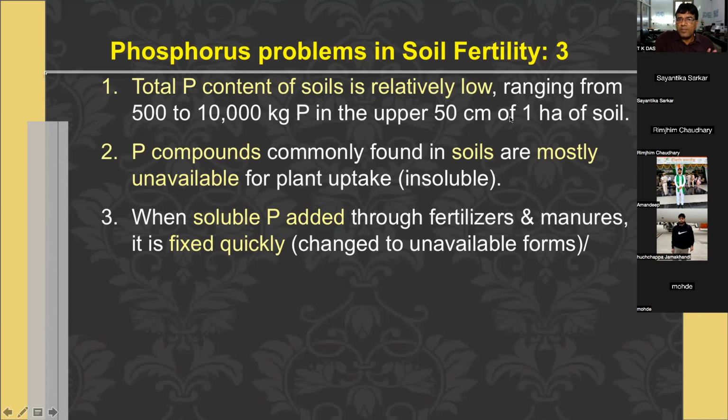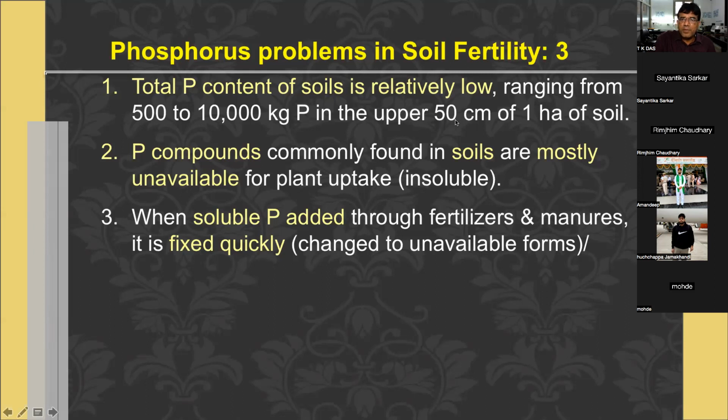So here you can see the lower layer of soil is also included, but that is not the case for nitrogen and potassium. Sometimes your lower layer beyond 25 centimeter can also contain some phosphorus.